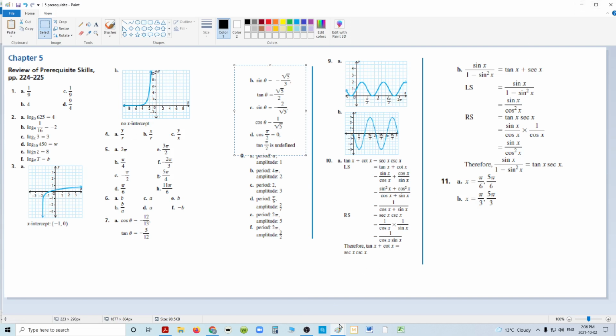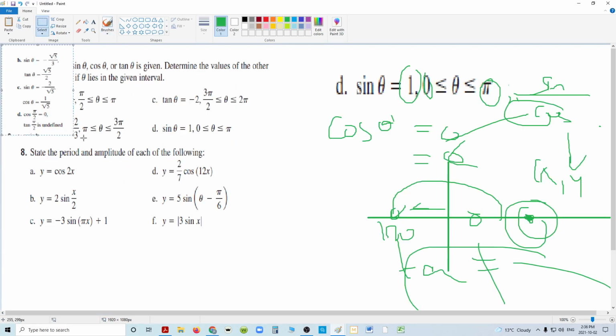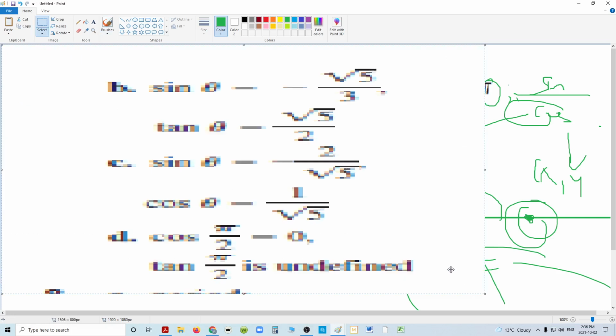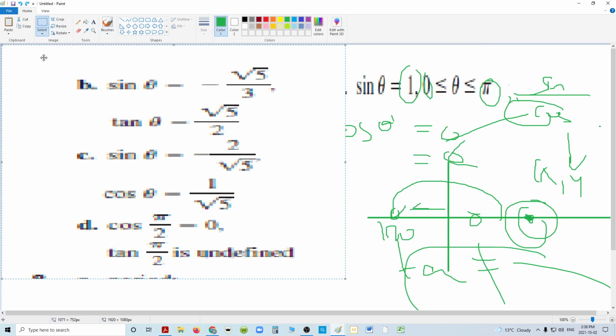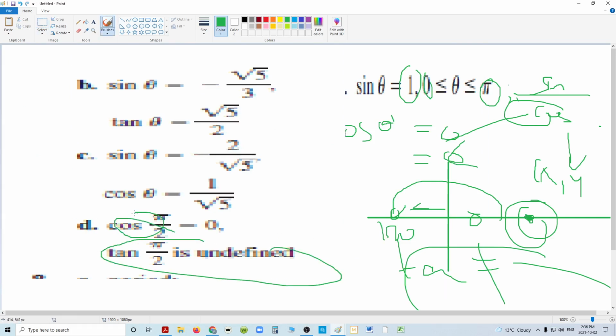And sure enough, we can see right there that it says tan's not defined. Cosine for this angle is 0. And it's interesting that they said pi over 2, because they also should have considered, since 0 is included in the angle, that cosine of 0 is also 0, because 0 is definitely included as a possible angle.